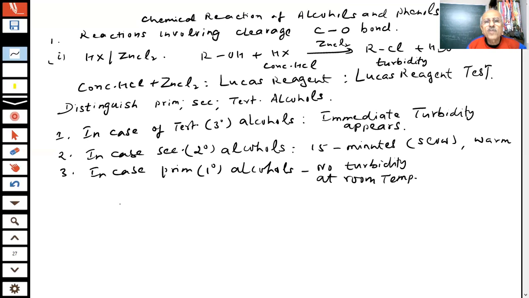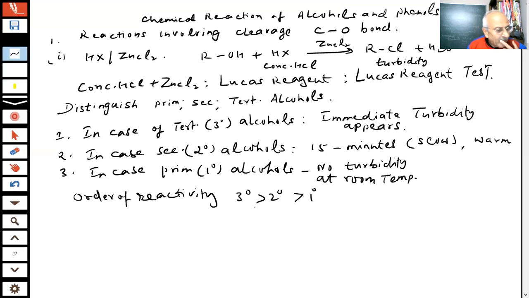You already know, students, that we have discussed in the chapter on haloalkanes, for the preparation of haloalkanes, that the order of reactivity is 3 degree more than 2 degree more than 1 degree, because the reaction proceeds with a carbocation mechanism.